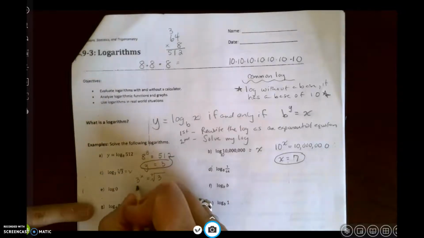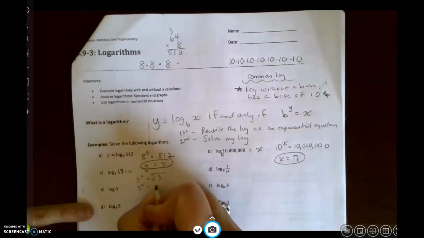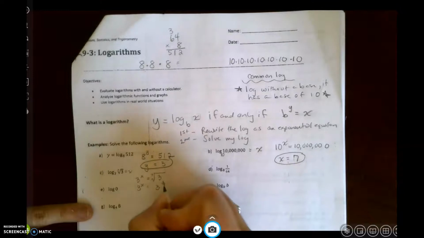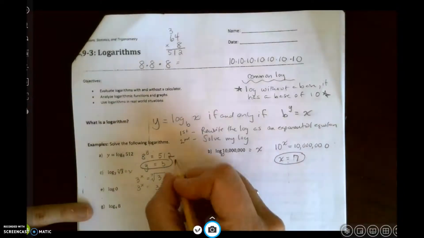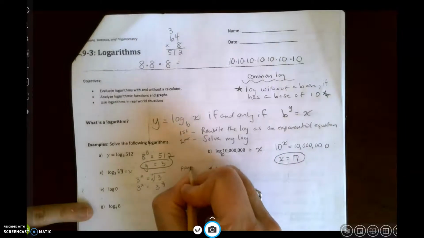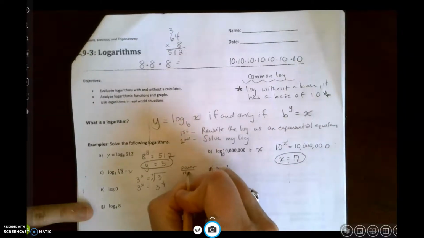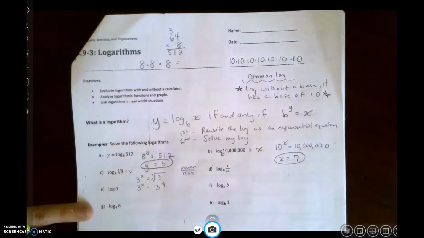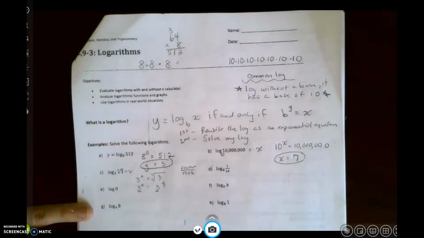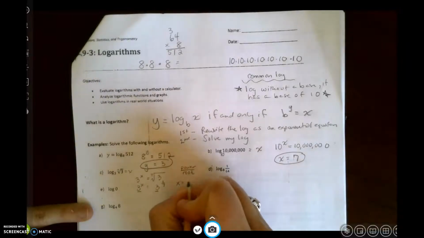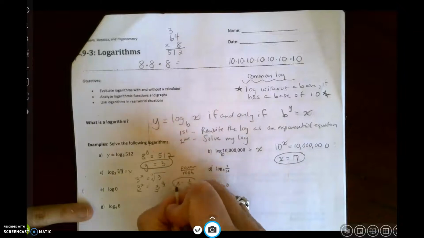So we're going to rewrite this. We have 3 to the x equals 3 to the 1/7, because for the 7th root, remember, we always have power over root. Well, notice they have the same base. Therefore, x equals 1/7.